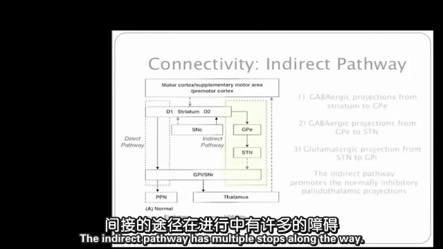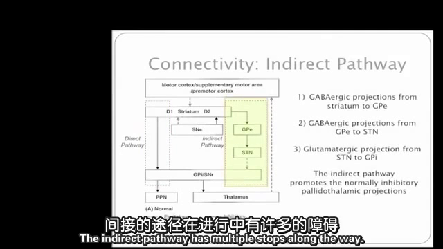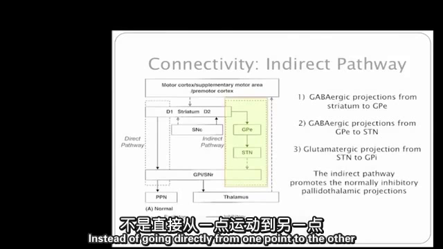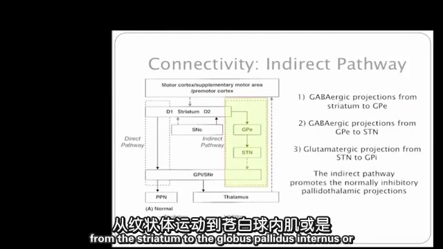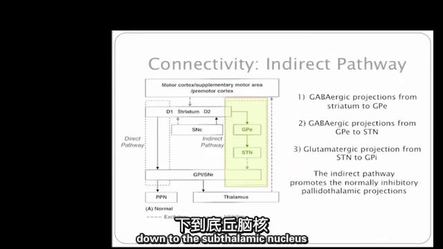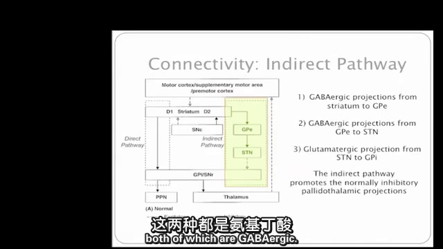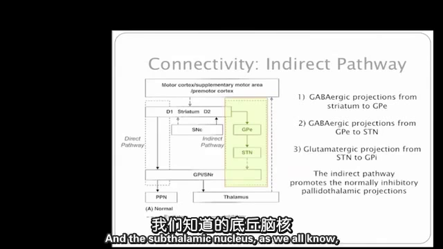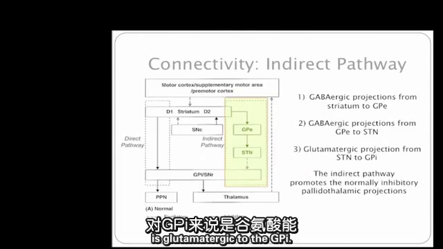The indirect pathway has multiple stops along the way. Instead of going directly from one point to the other, from the striatum to the globus pallidus internus, there's a projection to the globus pallidus externus, down to the subthalamic nucleus, both of which are GABAergic, and then the subthalamic nucleus, as we all know, is glutamatergic to the GPI.